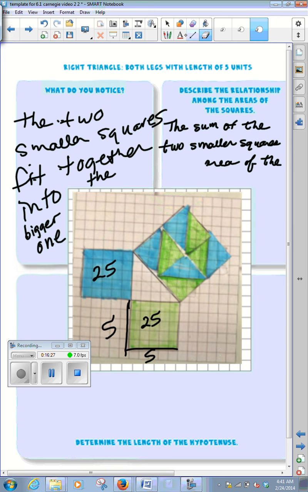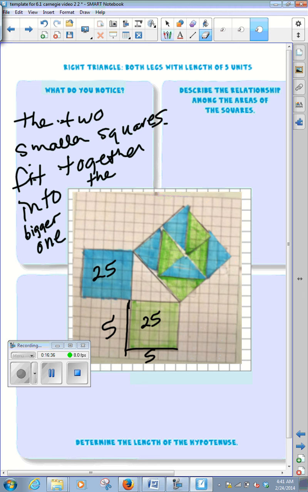We'll just have to write it from there. Let's try that again. Okay, the sum.